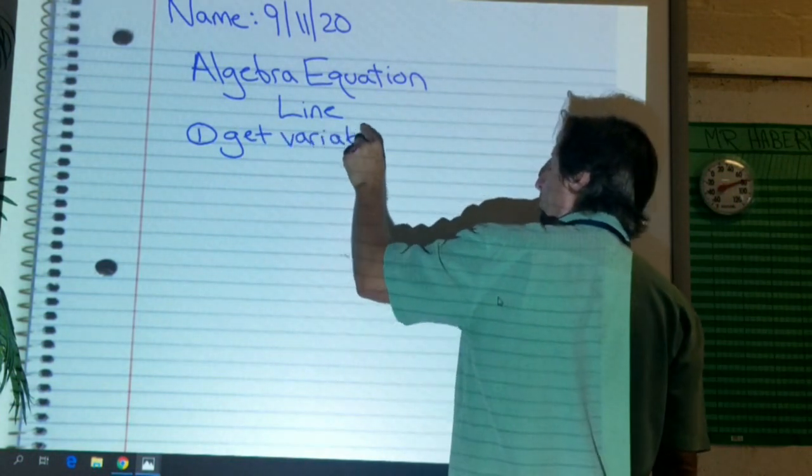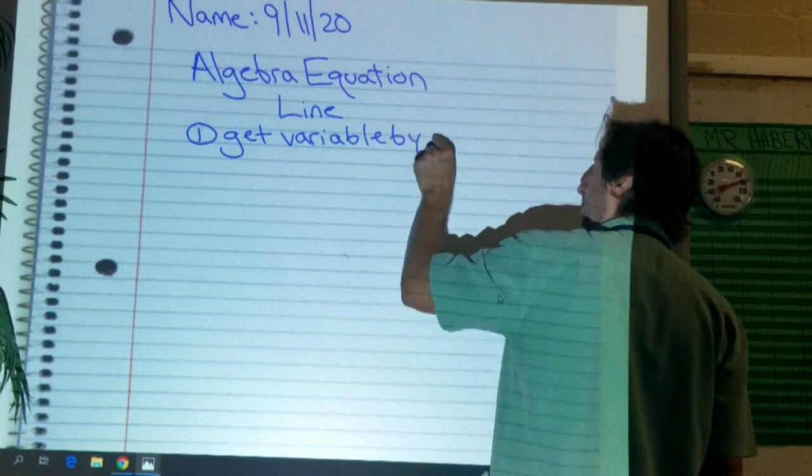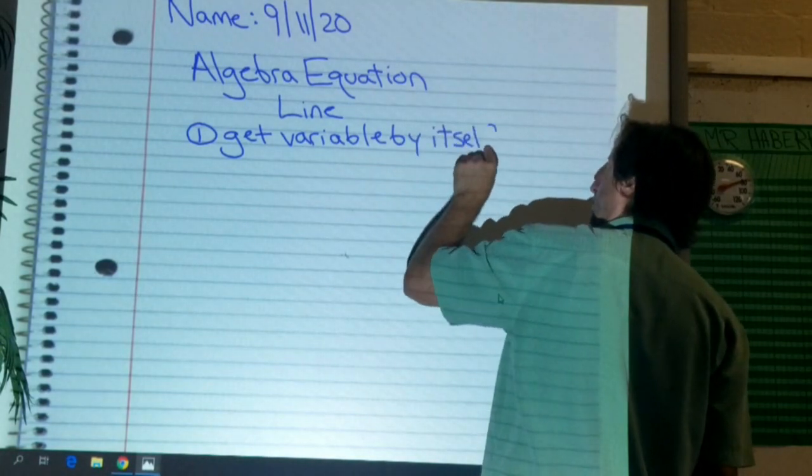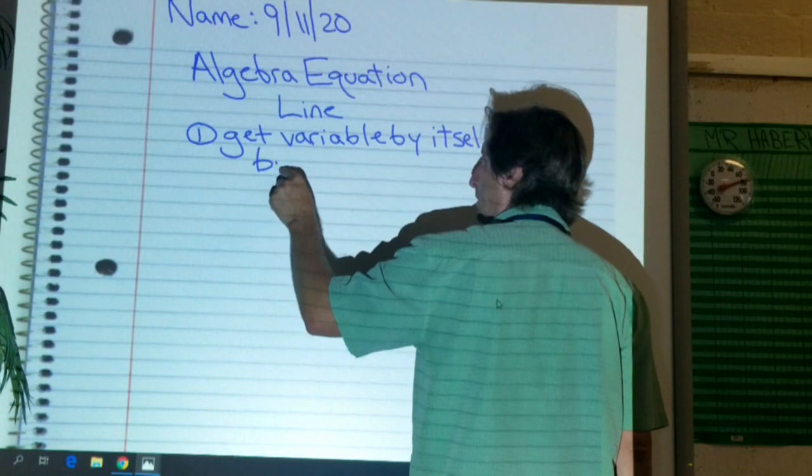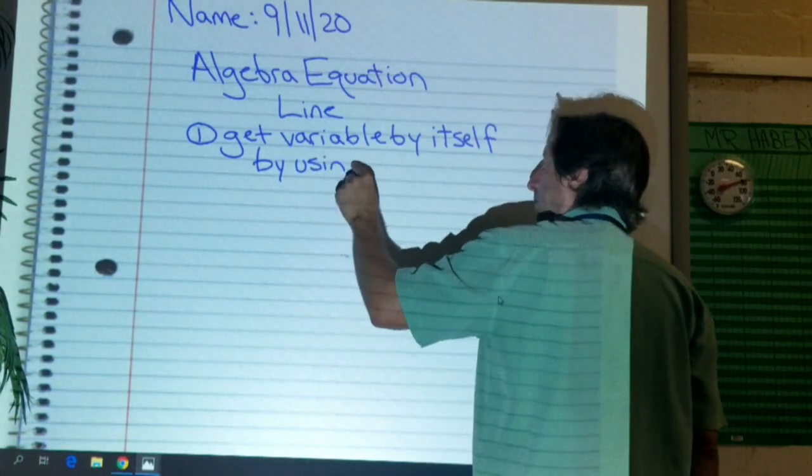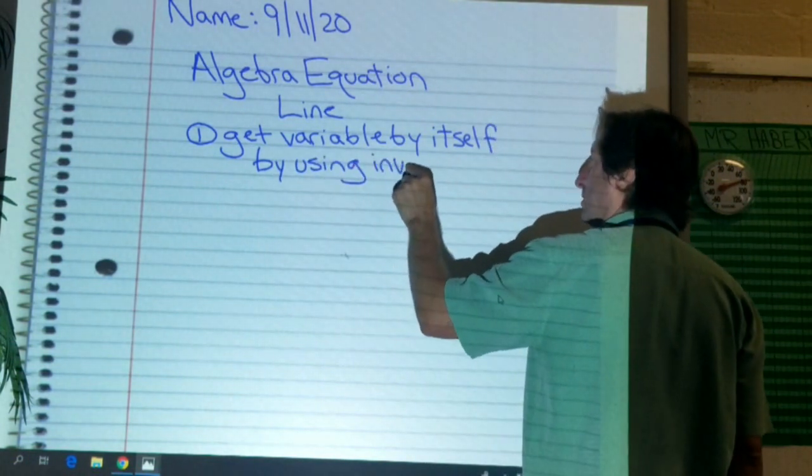We know the variable is the letter. And we're doing this by using inverse operations, which means the opposite.